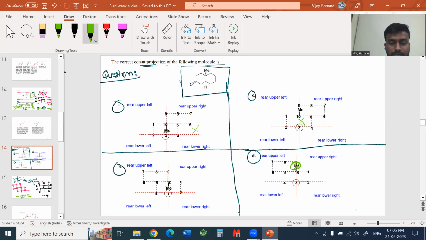Here they have given methyl on the left, between 3 and 10. So B option is the correct one. This is the correct octane projection for this molecule A. So for this molecule A, option B is the correct option.